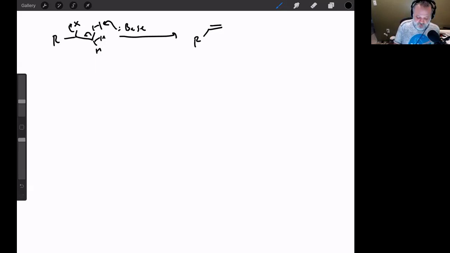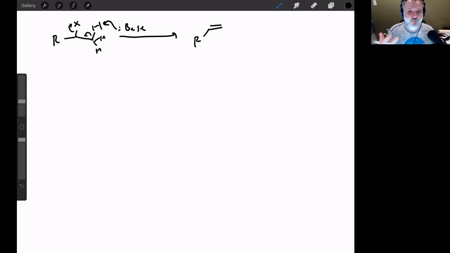And for the same reasons that we just talked about when we discussed the acidity of alkynes, we're going to have to use a particularly strong base. What we're going to have to do, though, is eliminate a leaving group twice.